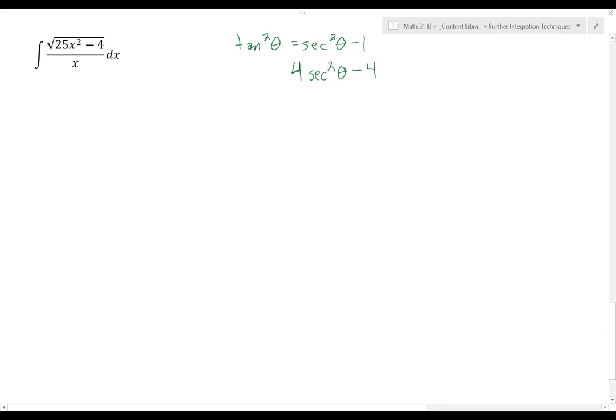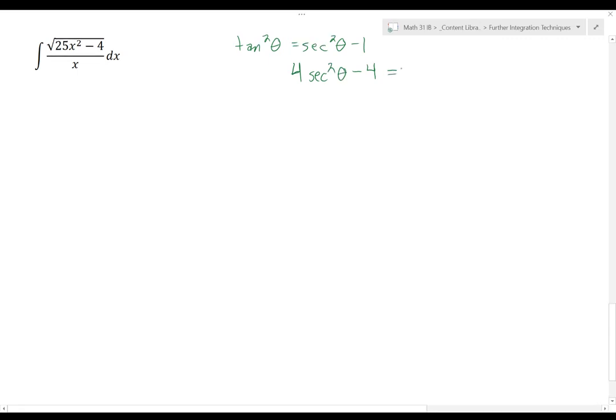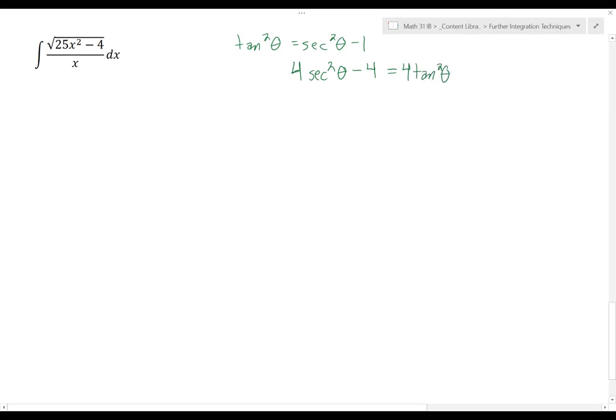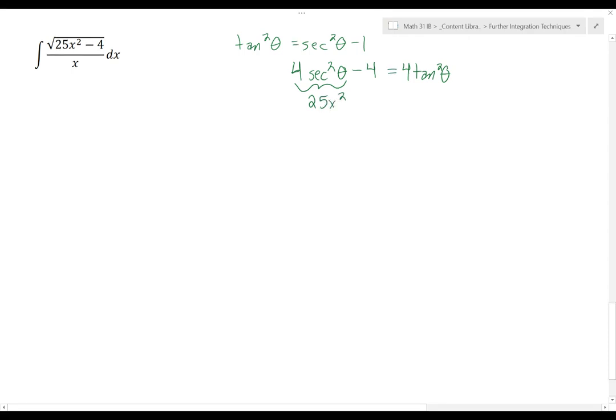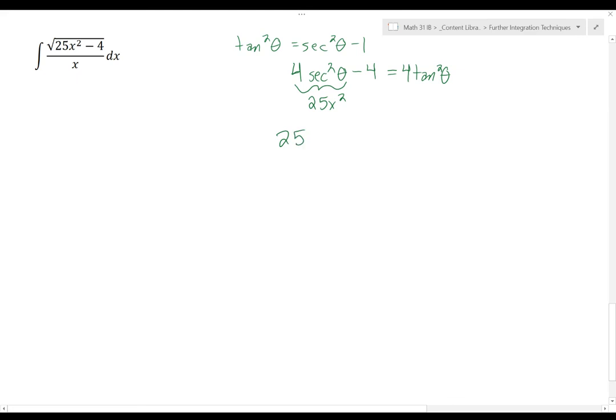That's what I'm trying to create, so that I can substitute that with 4 tan squared theta. And then I can take the square root of that. So that's what I'm after here. So what I need this 4 secant squared theta to equal is 25x squared. So that is my substitution. I'm substituting 25x squared with 4 secant squared of theta.